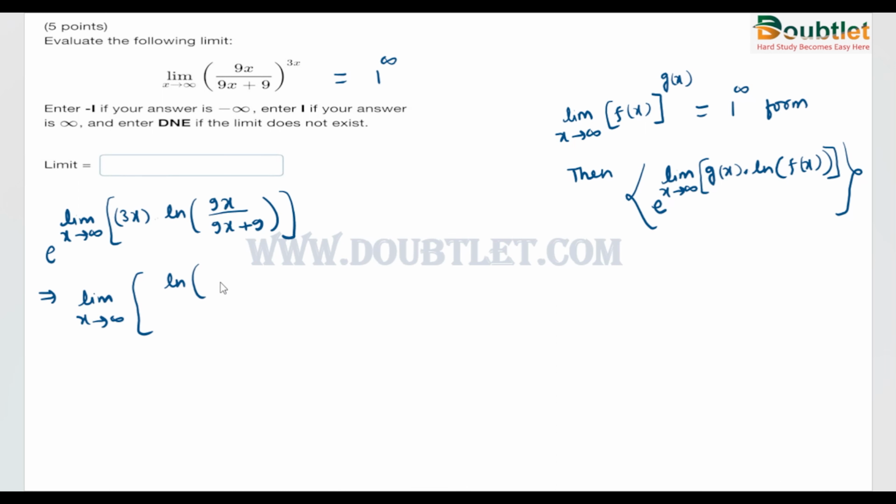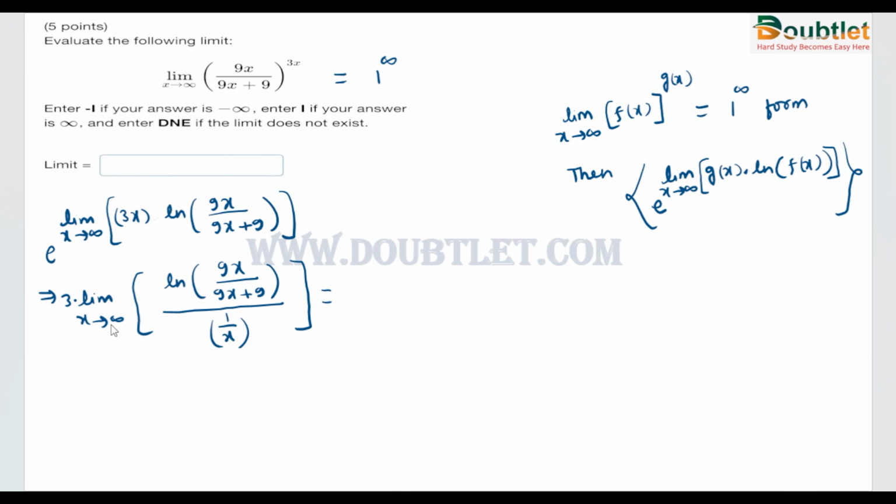So it will become ln of 9x divided by 9x plus 9, divided by, so 3 is the constant, so we can take it out of the limit, and it will become 1 upon x. We can write this x in the denominator as 1 upon x.